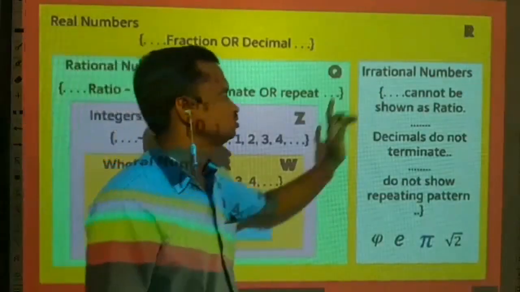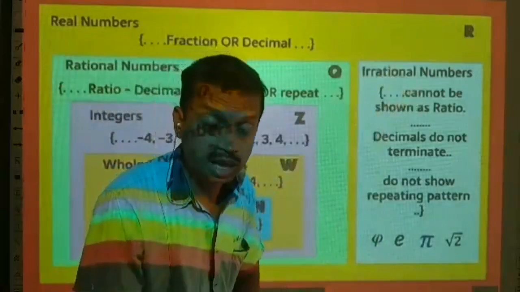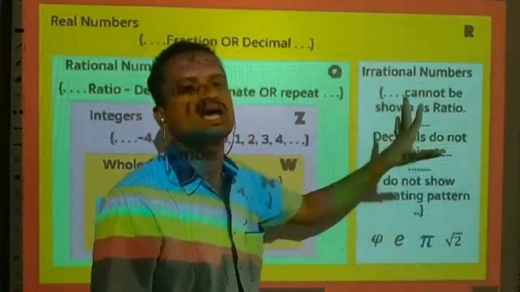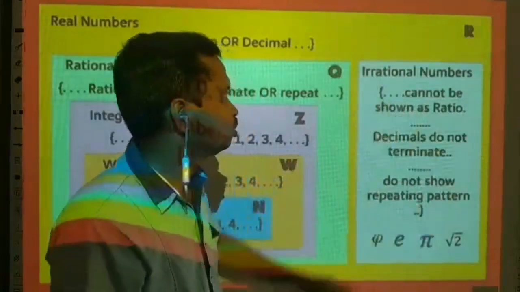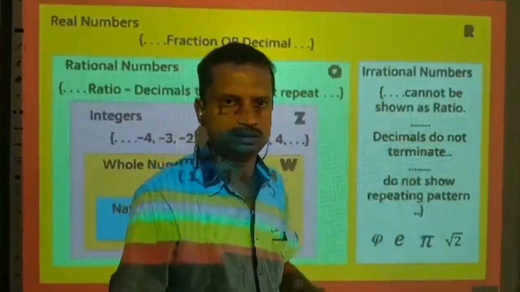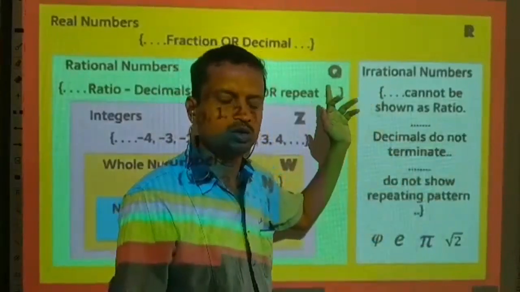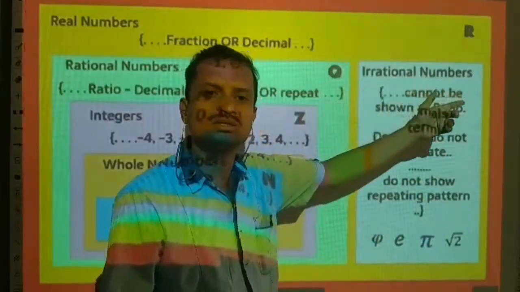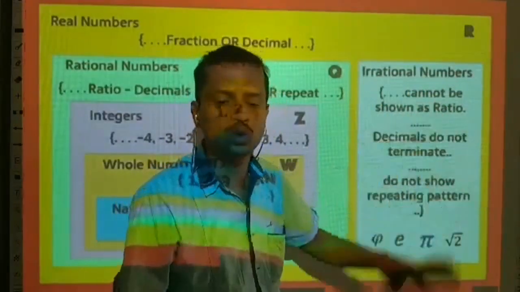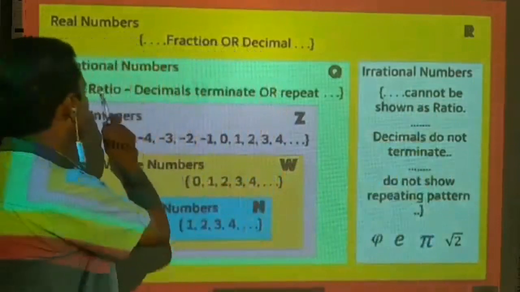And coming to the next, irrational. This is the new point here. Opposite to rational is irrational. For irrational numbers we can use the letter Q dash. Q is rational means Q dash is irrational, which cannot be shown as a ratio.